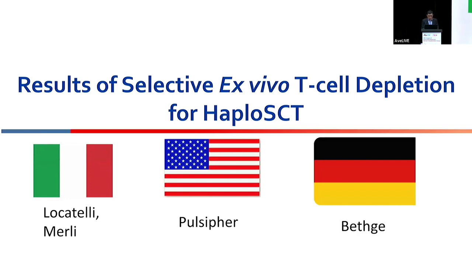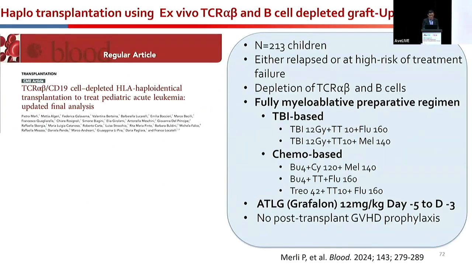Two studies are from pediatrics and one from adults. The first one is from the Italy group, pioneered by Franco Locatelli, and the data was just updated by his colleague, Dr. Merli, in the Blood journal this year, looking at 213 children with high-risk leukemias, all given haploidentical transplant using alpha-beta depleted and B-cell depleted stem cells.